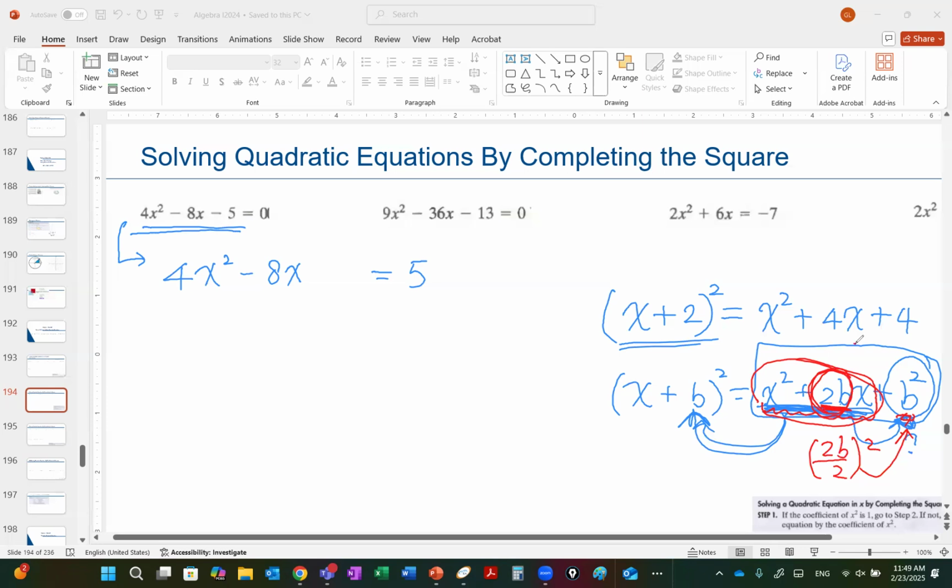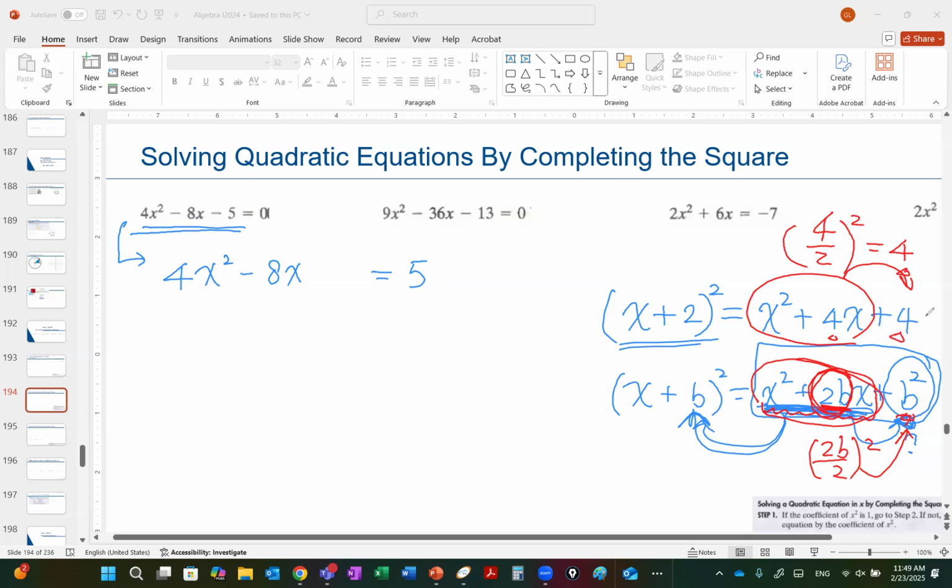All right, let's give this example. If I told you these two terms, how can I find this one? We know this is the coefficient in front of x. Make it half, which means divide by 2, and then square it. So it's 4, right? So we need 4.